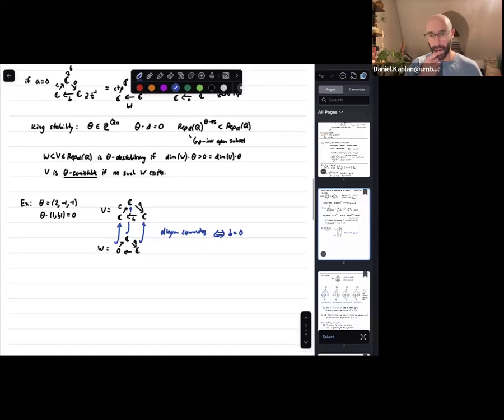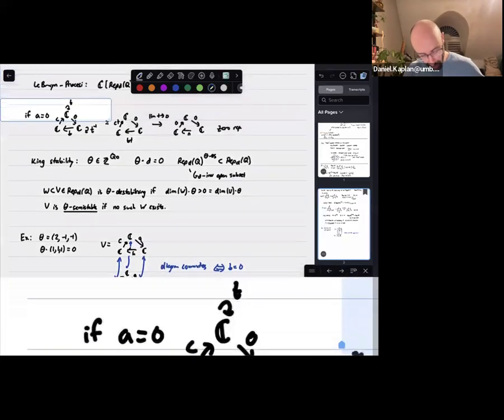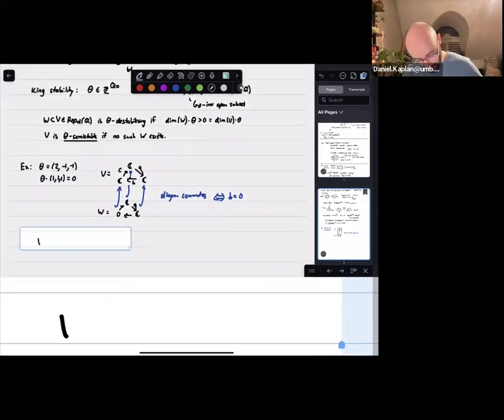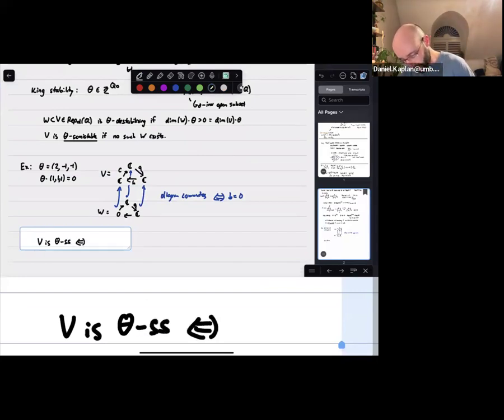Okay, so this isn't the only subrepresentation you have to check, but if you check them all, what's the condition? V is theta semi-stable if and only if alpha and beta, A and B, are both not zero.